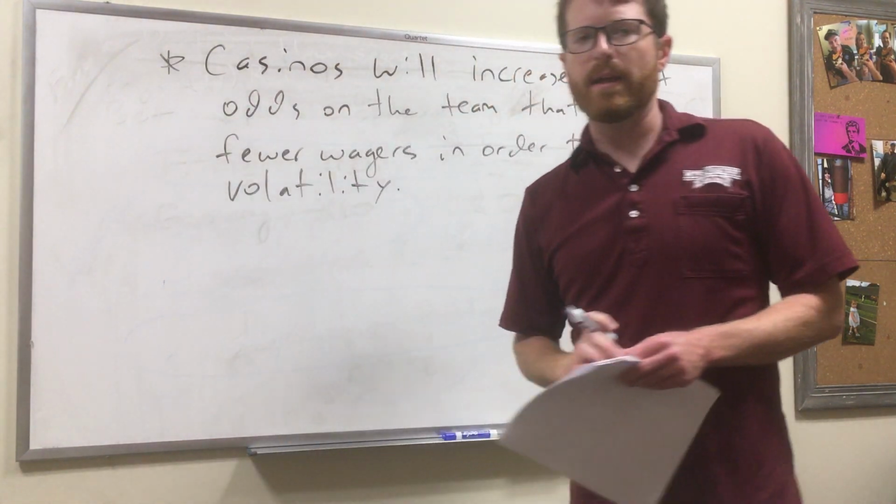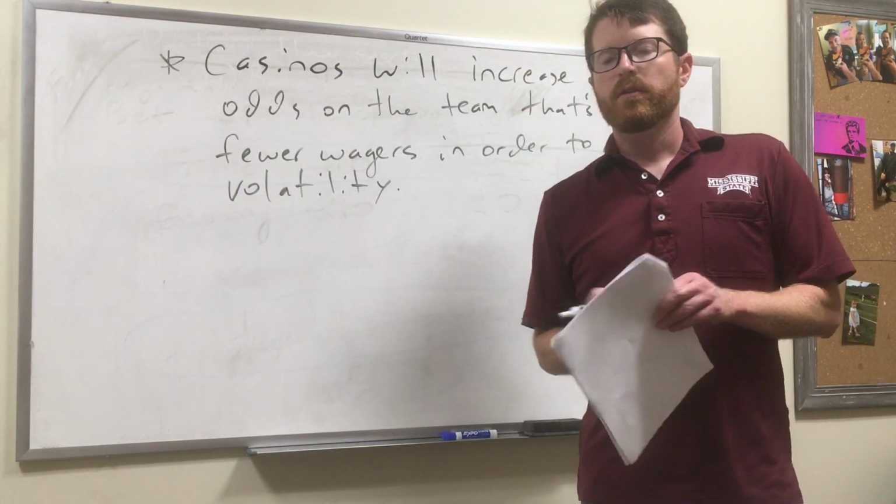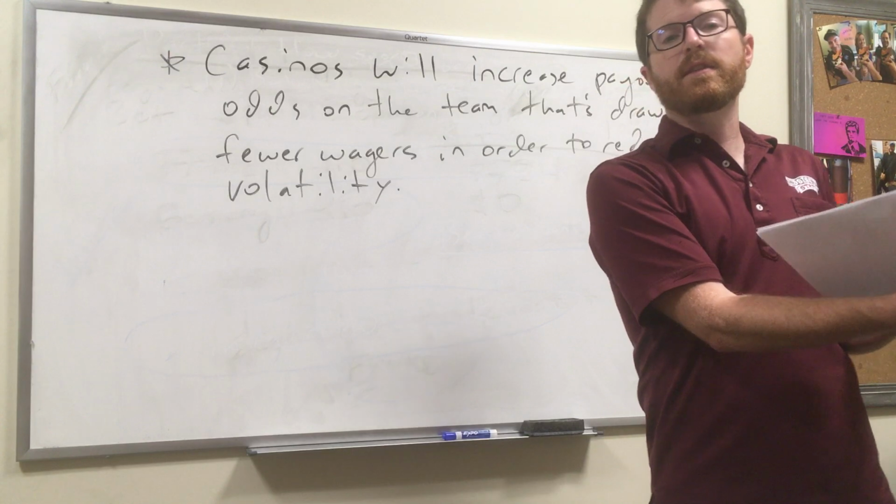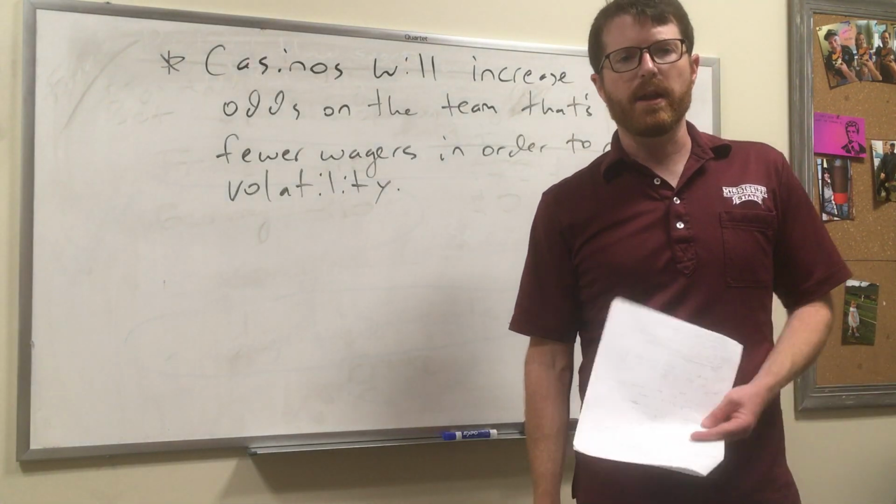Just like you saw in that last example that we just went through. To reduce volatility, they had to sweeten the deal for those that might consider betting on Germany.